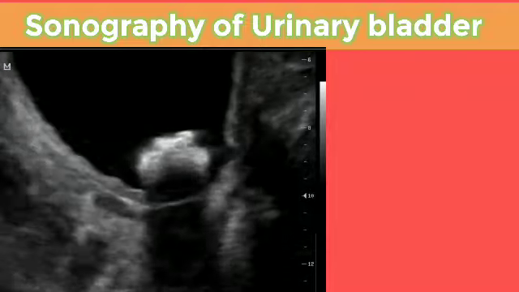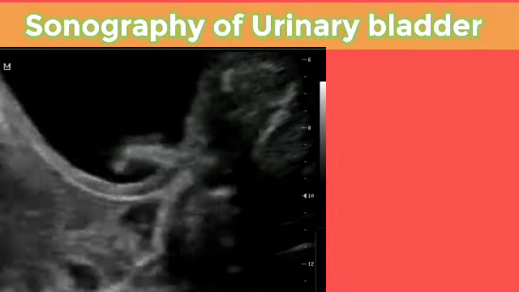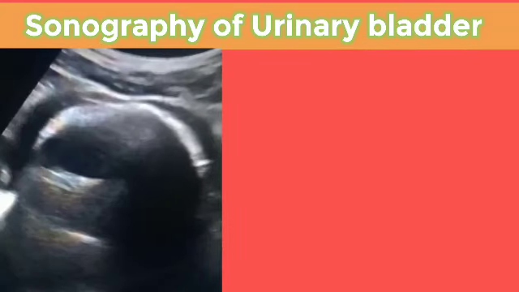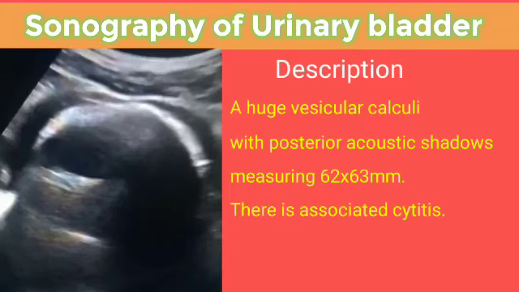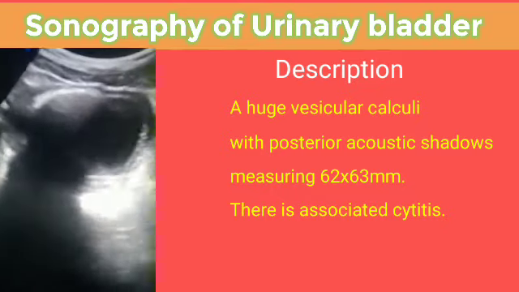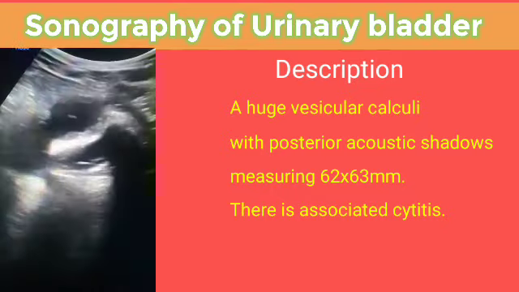This is the video of the urinary bladder calculus, demonstrating strong posterior acoustic shadows. This is a huge vesicular calculi with posterior acoustic shadows measuring 62 by 63 mm. There is associated cystitis. The bladder wall is also thickened and there are internal echoes in the urine.